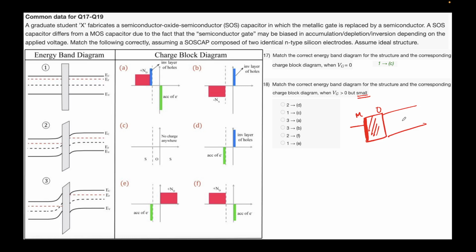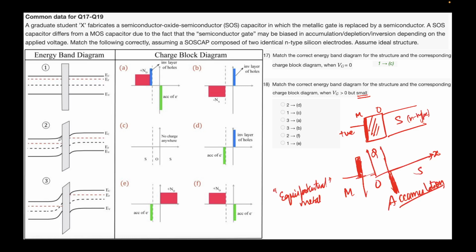Let's see. This is the diagram where we have applied a positive bias. How do I know that? The bands have shifted, the EF levels are not the same. EF has shifted a bit towards the downside here. Because this is an electron energy we are talking about, if you have a positive bias, the bands will shift a bit down. You can see that this is higher, this is lower.